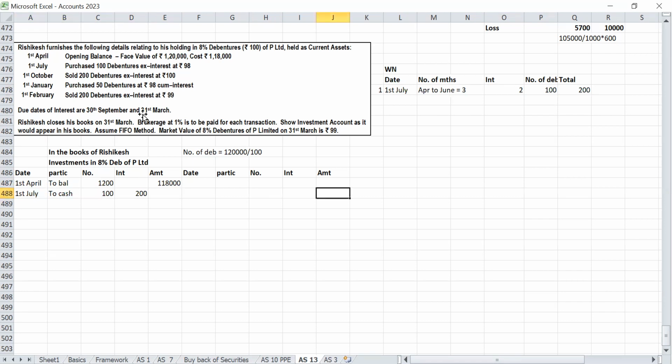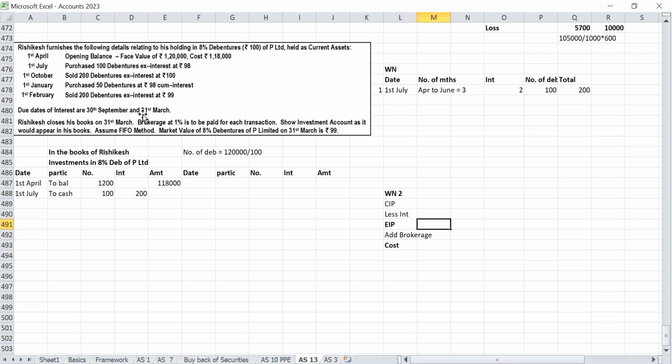Then cost, computation as per working note number 2. Cost is ex-interest price less interest, plus brokerage, equal to cost.